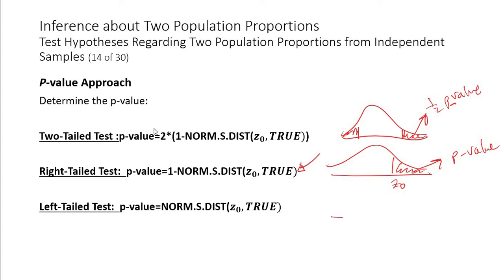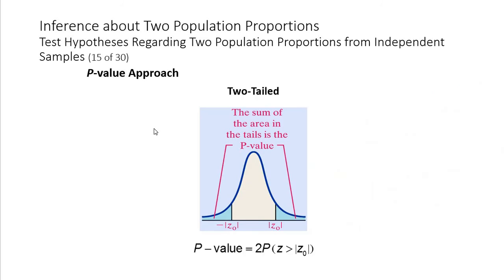If we have a left-tailed test, then the p-value is going to be the area to the left of negative z naught. And I gave you the formula to compute that on Excel. So that's how we're going to compute it on Excel.